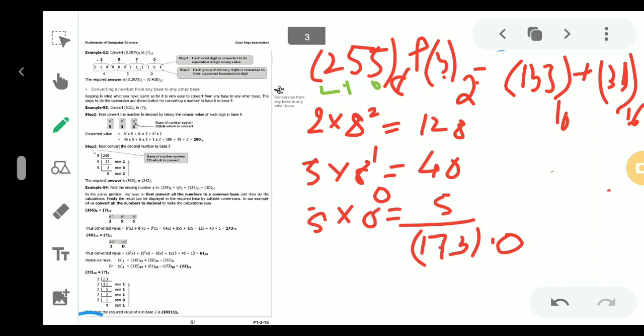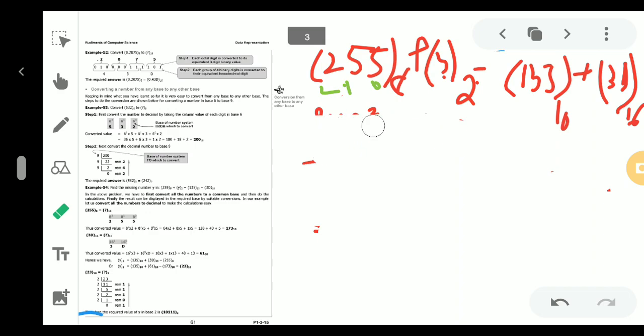Up to this it is clear. So for 3D, we put the position values 0 and 1: 3 into 16 to the power 1, and D into 16 to the power 0.